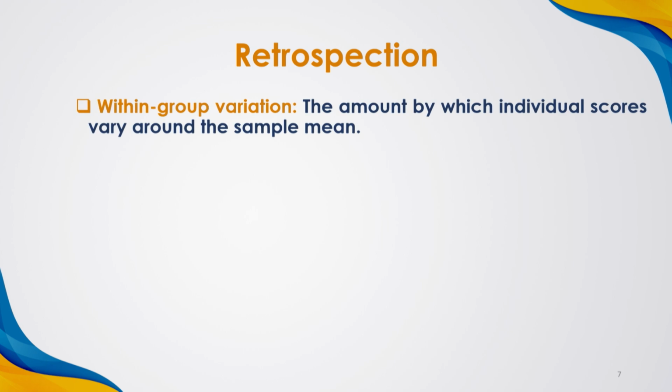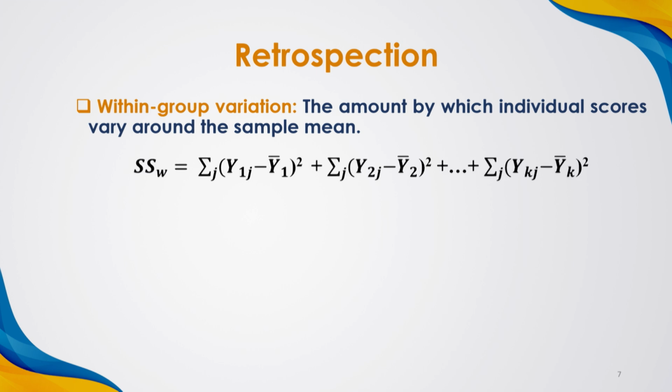In the previous lesson, we learned about overall variation and within group variation, so we will do a recap of those concepts. Within group variation is the amount by which the individual scores vary around the sample mean. We are very well aware of the mathematical equation given there.